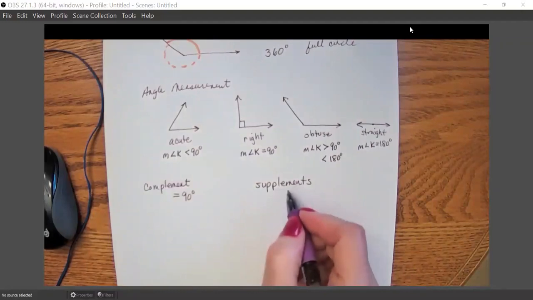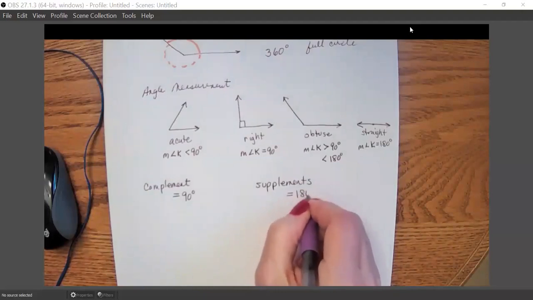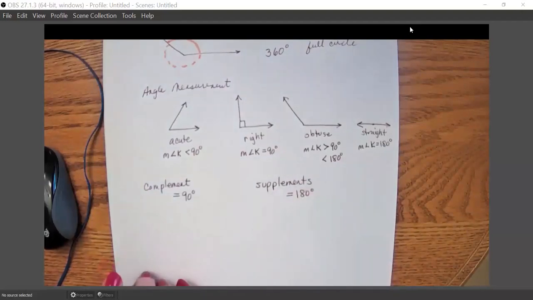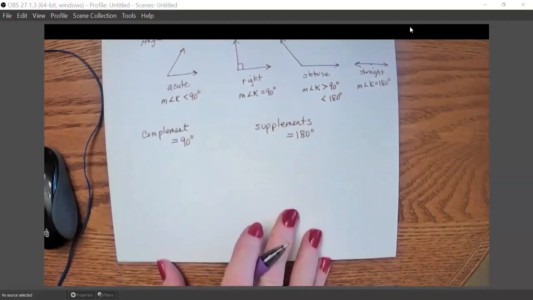Two angles that are supplementary, or supplements of each other, when added, will equal 180 degrees. If you look on page 121, example 1 asks us to find the complement and the supplement.